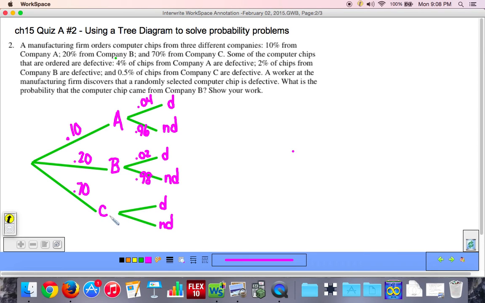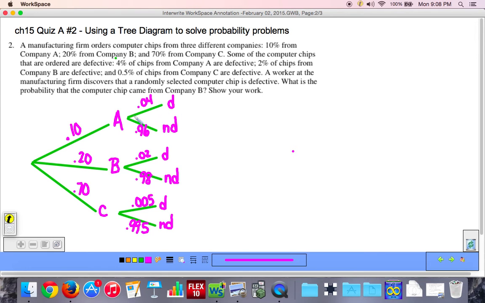And finally, from company C, 0.5% or 0.005 are defective, which would mean 0.995 are not defective. Okay?